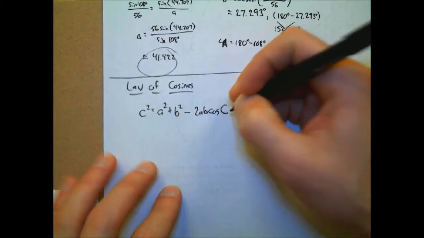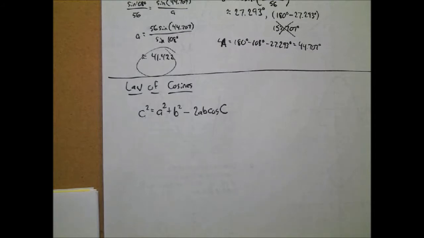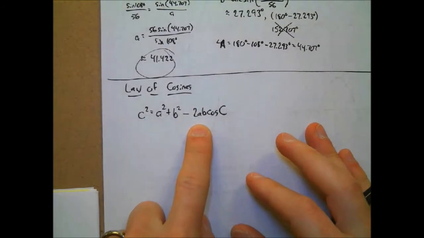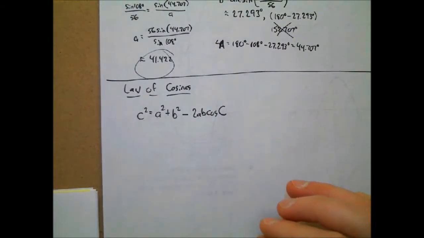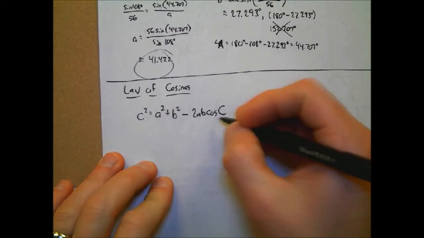Essentially, it's like the Pythagorean theorem, but with a little correction to it. You will be given this formulation, I believe. I forget which one it is, but I will give you this formulation of it. There's two other formulations, and it's just a matter of moving around the variables here.